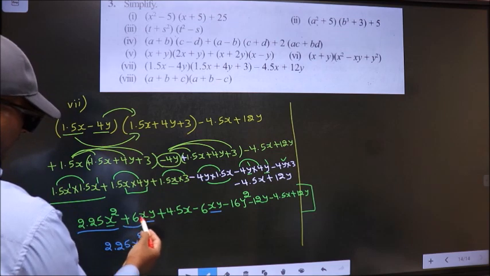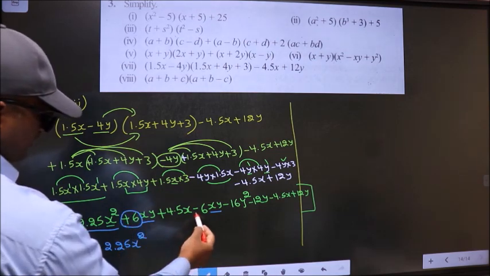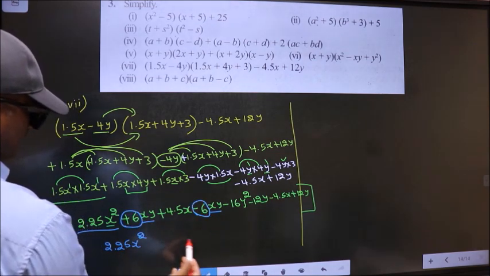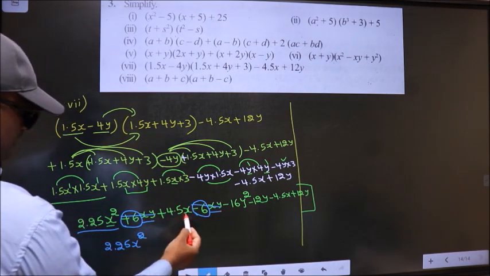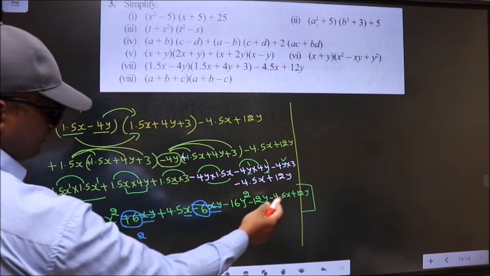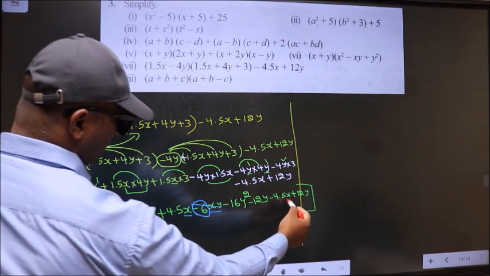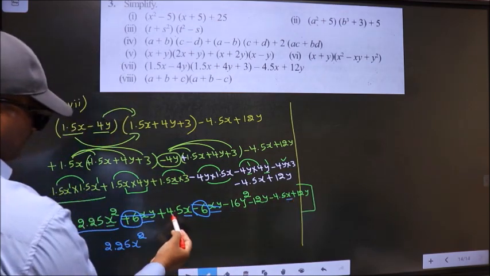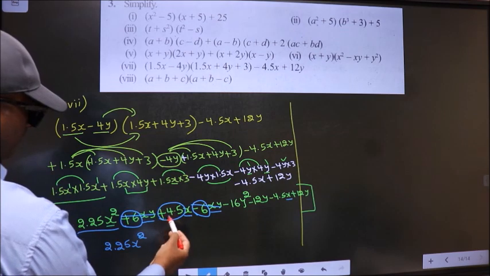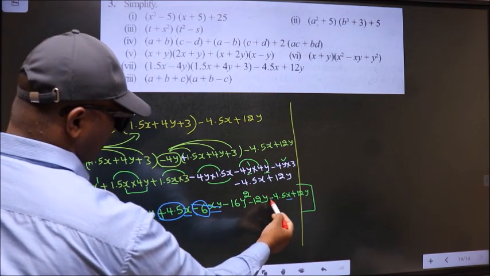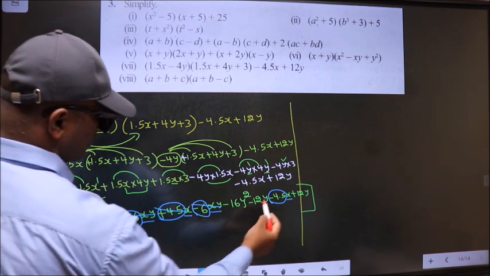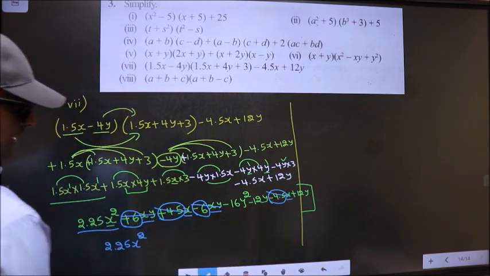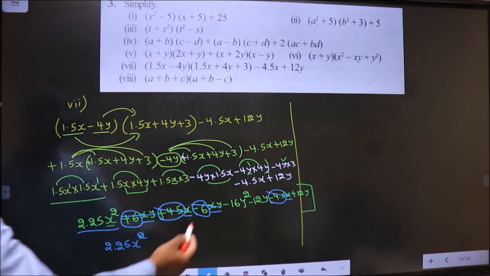Now number before xy here is plus 6 and here it is minus 6. They cancel out. Next term is x. Do we have x term anywhere here? Yes, x. Now number before x is plus 4.5 and here it is minus 4.5. So plus 4.5x minus 4.5x cancel out.